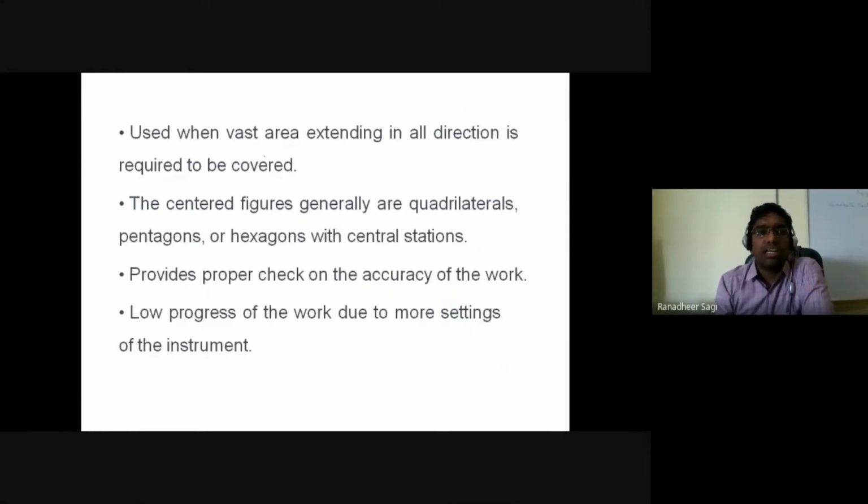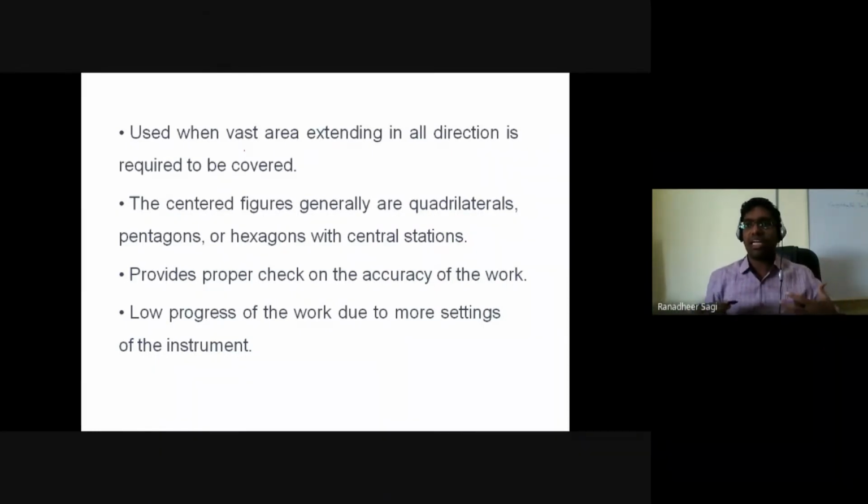This particular centered figure technique is very widely used for vast areas, where the area of the region in which you are building up your triangulation network is relatively large in both directions, not just in one direction like a river channel.